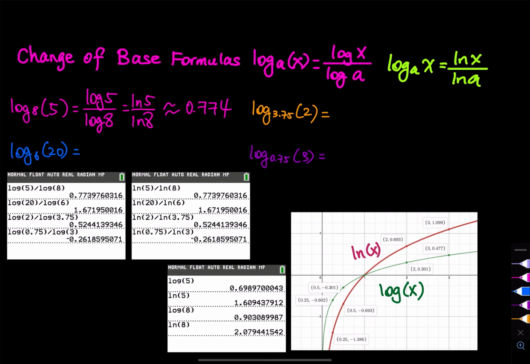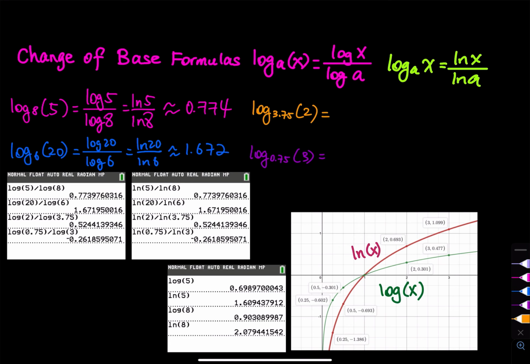So this is log base 6 of 20. That is equal to log of 20 divided by log of 6. For ln, that is ln 20 divided by ln 6. And in the next line, you can see that that is approximately equal to 1.672.